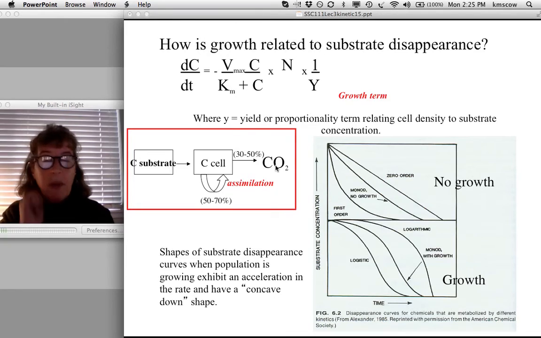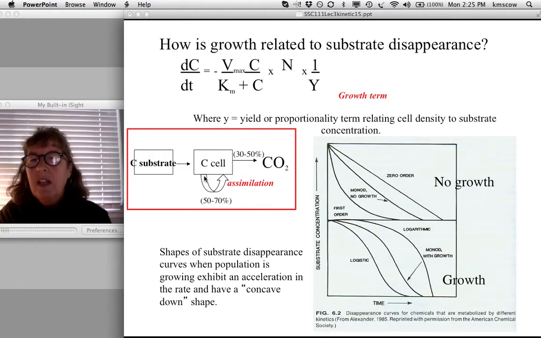Because they have to respire to grow. So some of that initial carbon is not going to end up in the cell. But this assimilation rate is really important and goes into calculating this yield, or proportionality term that relates how many cells you end up making from how much substrate. So yield is an important term that you need to relate the substrate utilization to the growth of cells.